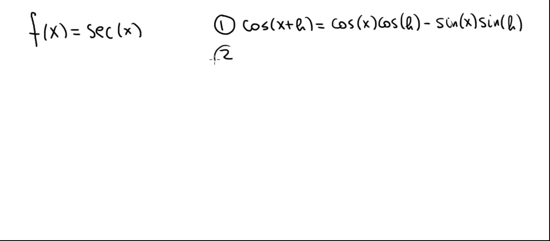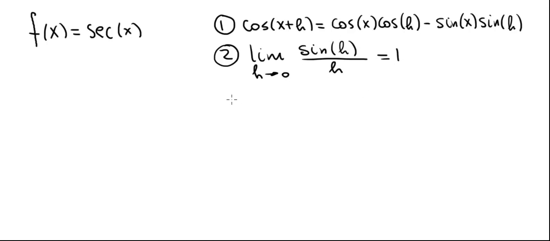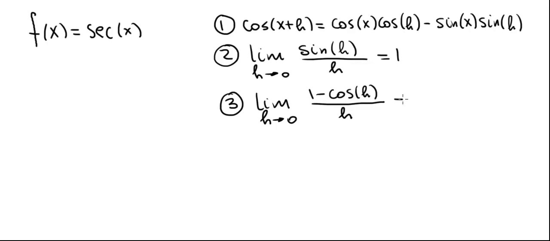The second result is the limit as h approaches 0 of sine of h over h is equal to 1, and the third result, the limit as h approaches 0 of (1 minus cosine of h) divided by h is equal to 0.